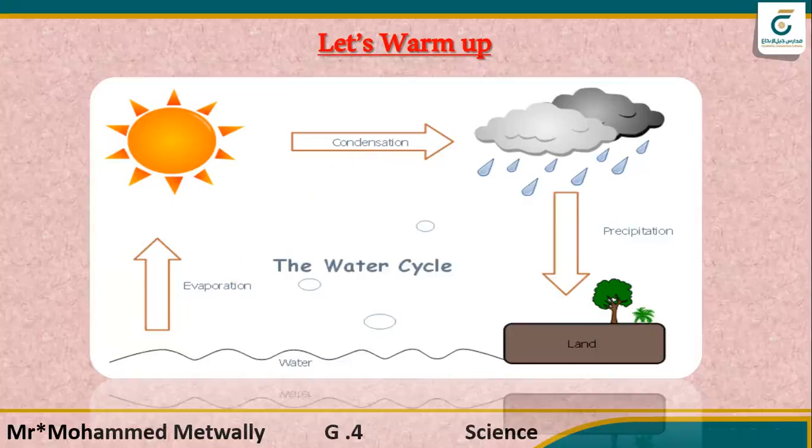In condensation, the water vapor will meet together and form clouds. When the clouds are very heavy and the droplets of water become heavy, it can precipitate in the form of snow, sleet, hail to the ground. After that, the storage process will take place. So, starting with evaporation, condensation, precipitation, and finally storage.